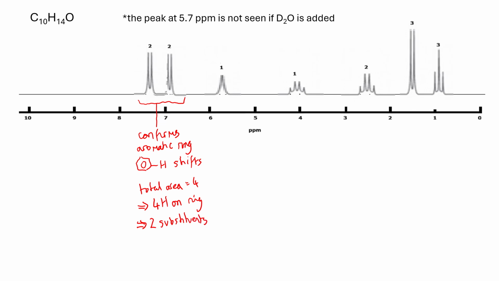So if we think back to the carbon-13, remember that there were only 4 carbon environments within this aromatic ring. So that tells us something also about the position of these 2 substituents. So let's just think about that a little bit more.